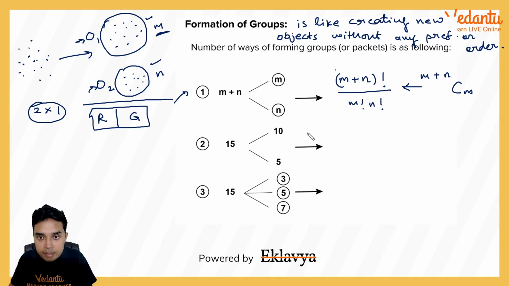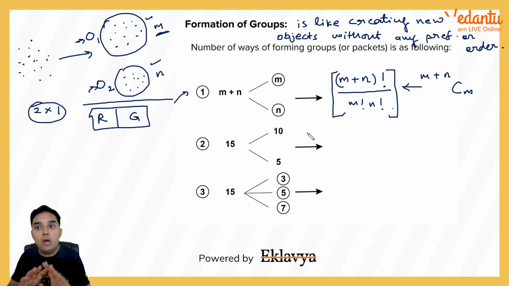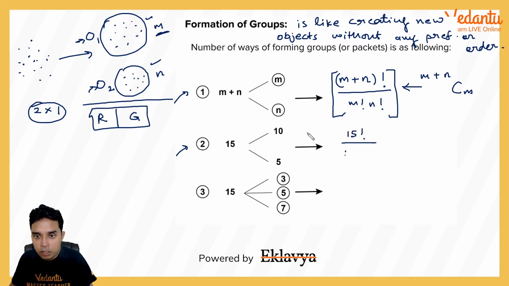What I am saying is, this formula will only be creating two new objects without any preference, like red ball, green ball, whom you can distribute later with whatever condition you are given or whatever way you want to do. So for the second one, which is just an example of this, it will be 15 factorial upon 10 factorial 5 factorial.